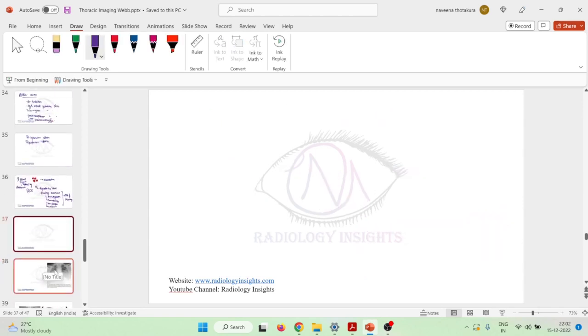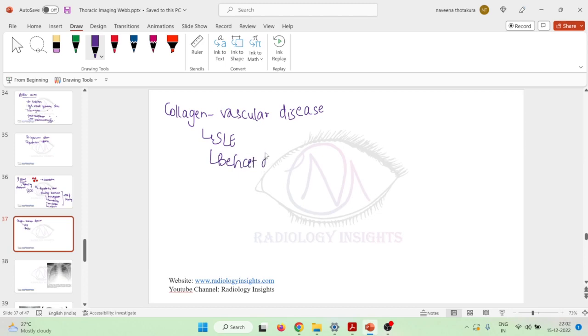Similarly, hemorrhage in alveoli can also be seen in some connective tissue disorders, or we can also call them collagen vascular diseases, like SLE, systemic lupus erythematosus, or Behçet's syndrome, or antiphospholipid antibody syndrome, or Henoch-Schönlein purpura.